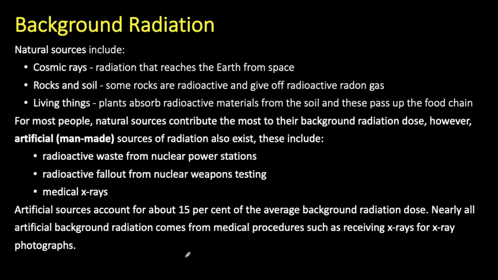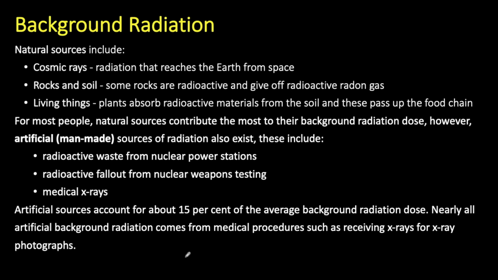Our plants, our living things, are able to absorb radioactive materials from the soil, and these then pass up the food chain. So plants absorb radioactive material from the soil, animals eat the plants, we eat the animals, and in this process radiation is passed up the food chain.